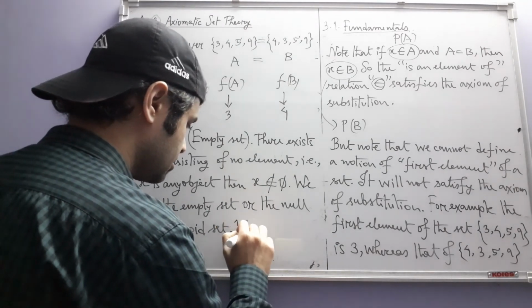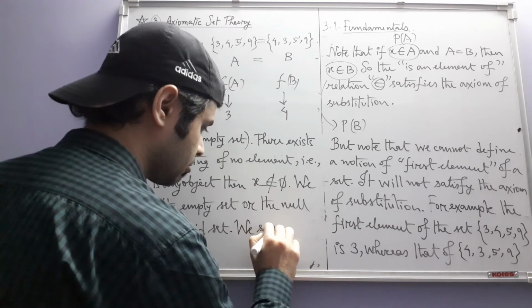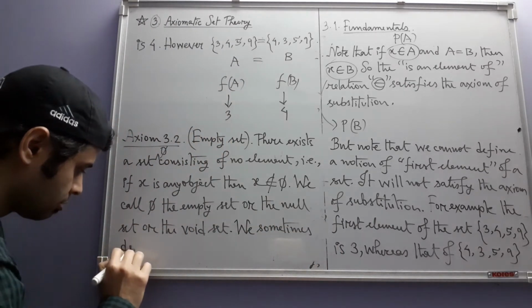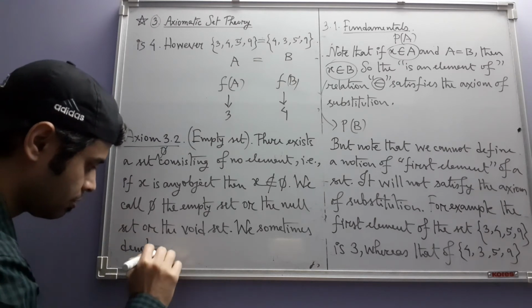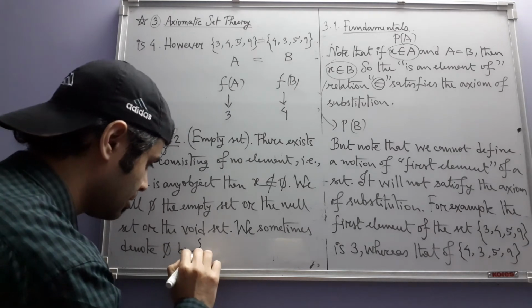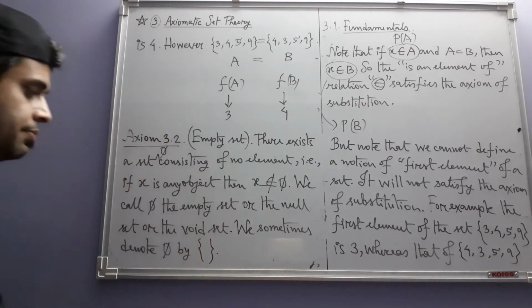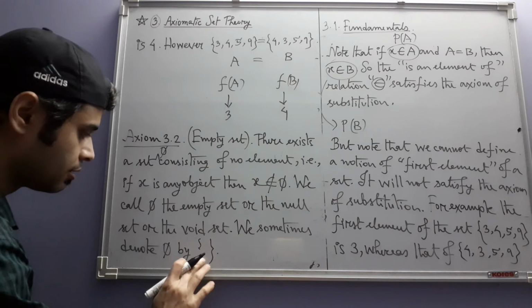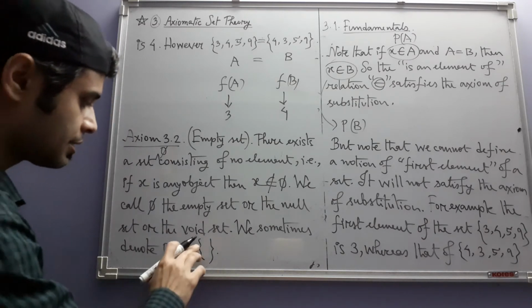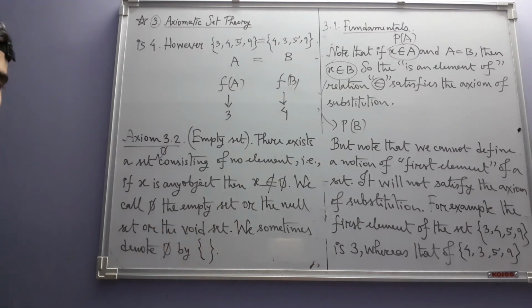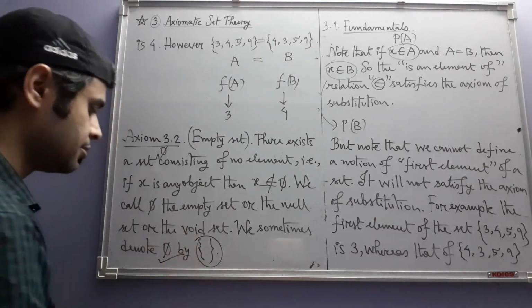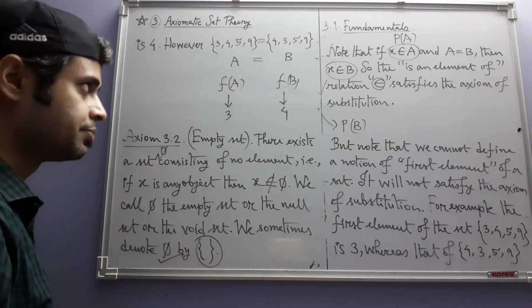We sometimes denote the empty set by this symbol also, although it is less often used: two curly brackets which enclose nothing. So it just denotes the fact that this set has nothing in it. But this is less often used. The more popular one is this Danish letter phi.